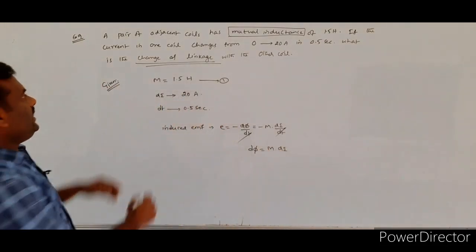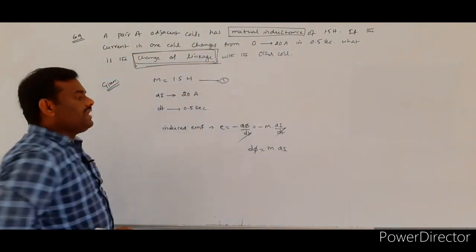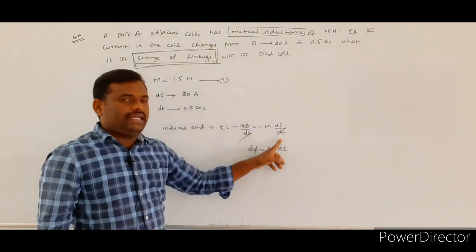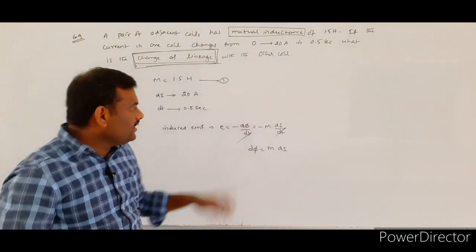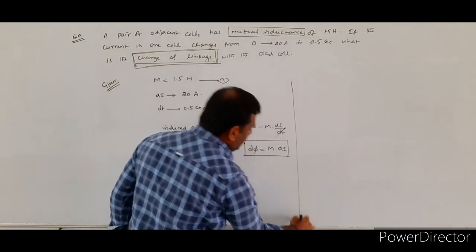They are asking for the change in flux value. Here d phi by dt is equal to M into di by dt. dt gets cancelled, so the change in flux is M into di.